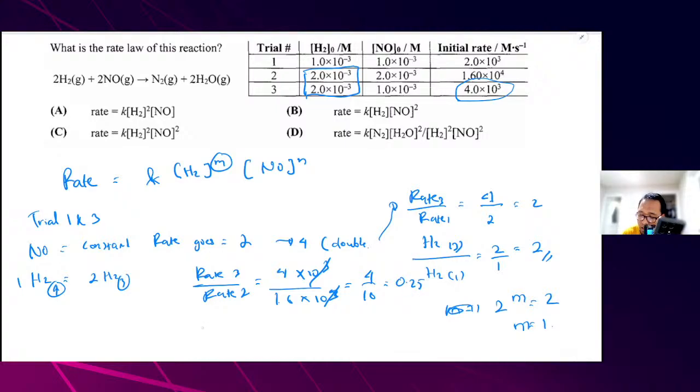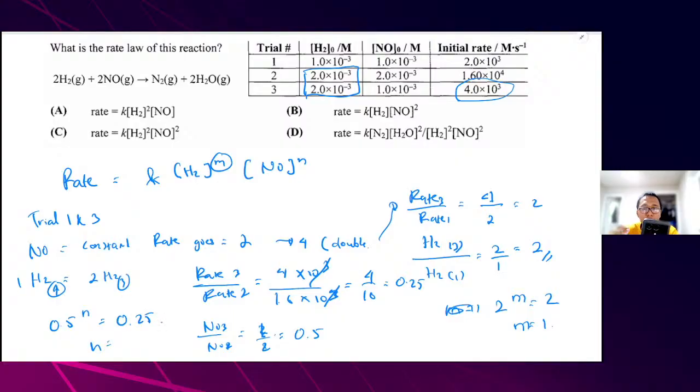And then how about the NO? 3 NO 2 is 2 divided by 1, 1 divided by 2, and the result is 0.5. Okay, 0.5 to the power N, and then the rate is 0.25.